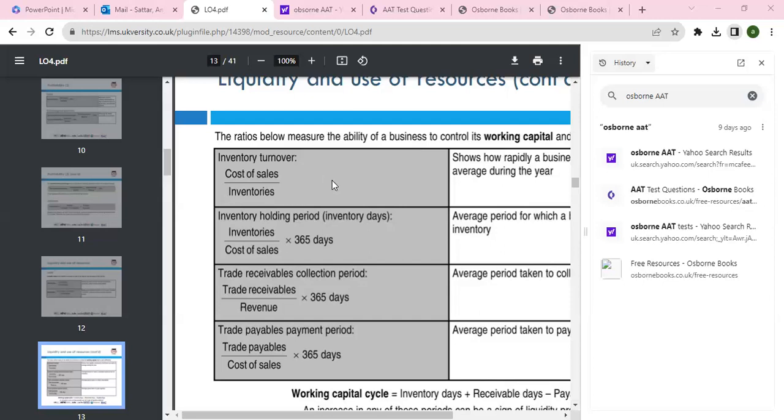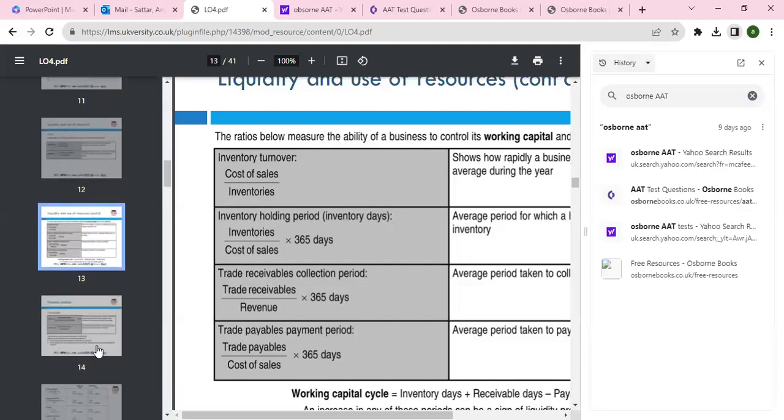What we need to do is look at the cost of sales divided by inventory, inventory turnover days, and how many times inventory is turned over. Then trade receivable days and trade payable days. Trade receivable days should always be shorter than trade payable days, so we have a safety net. That is quite crucial and needs to be maintained in companies to increase the performance of the company.